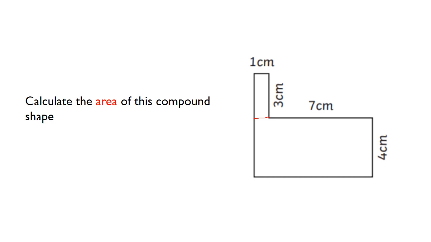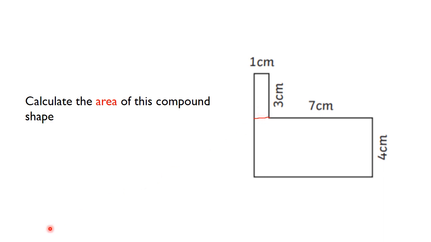So I can see here that the dimensions of this smaller rectangle are 3 centimetres and 1 centimetre. So I would find it easy to work out the area of this little rectangle. I would do 3 multiplied by 1, and I know that this is 3 centimetres squared.